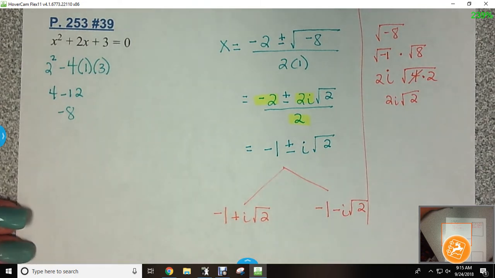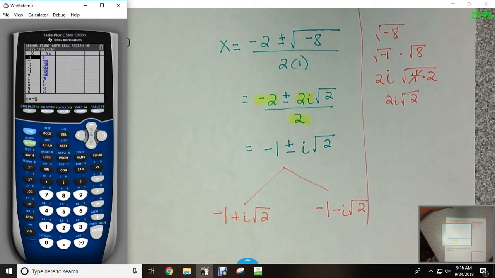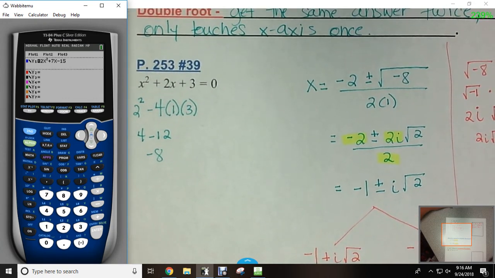So let me show you real quick. I'm going to grab the graphing calculator and show you what it looks like. Let's clear this out. X squared plus 2x plus 3.